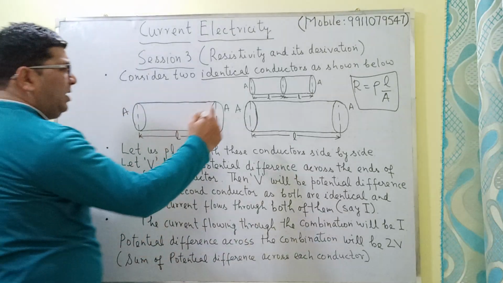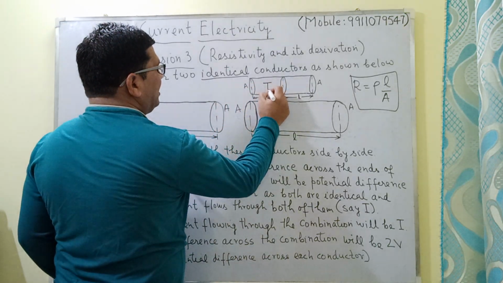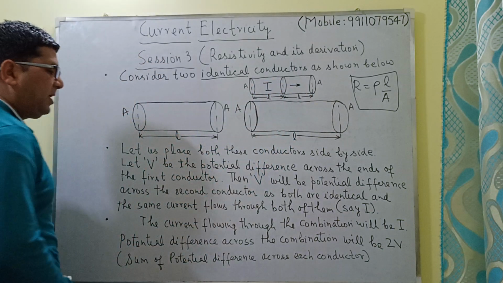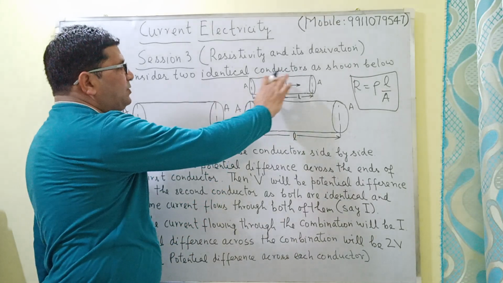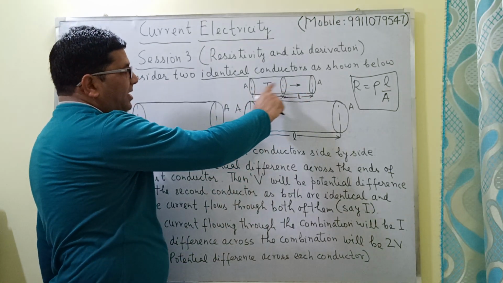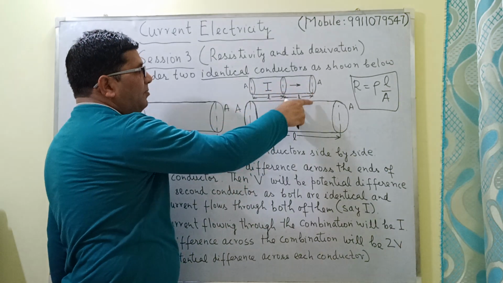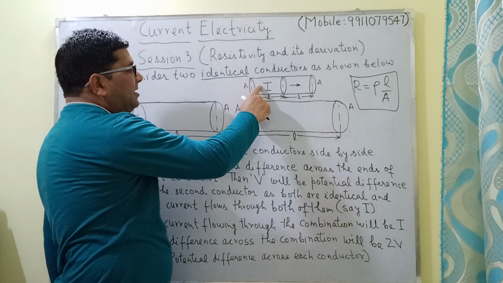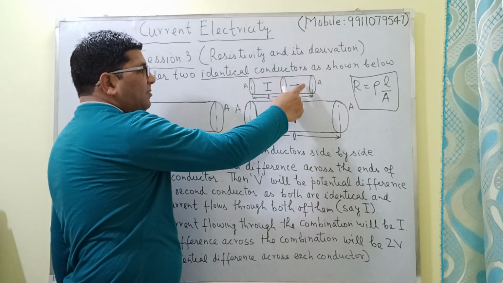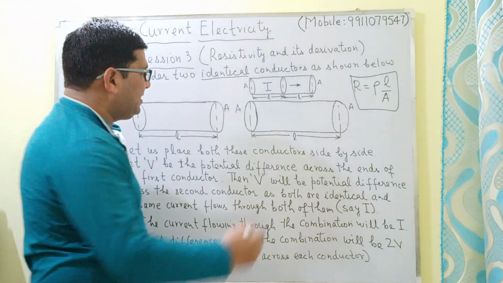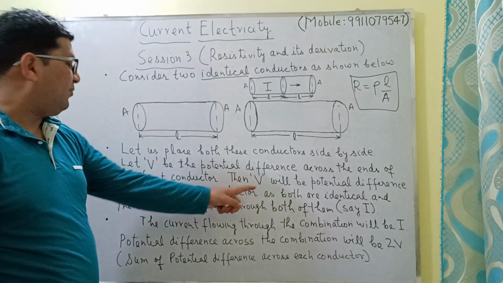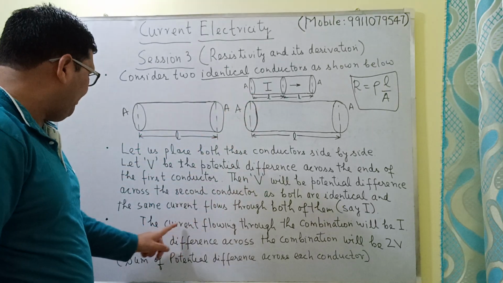Let us say the current flowing through this combination is I. Since both conductors are identical and placed side by side, the current flowing through the first conductor and through the second conductor will also be I.